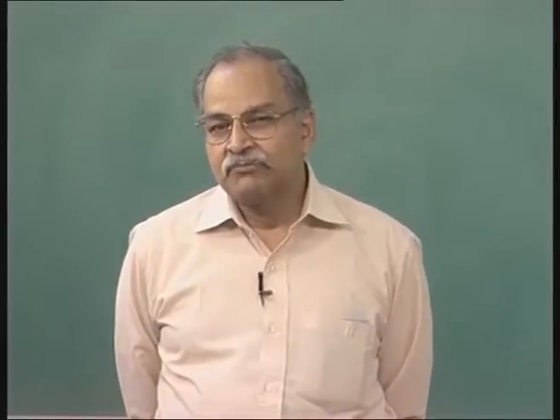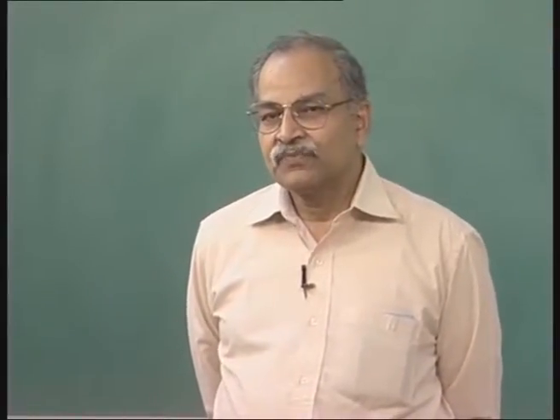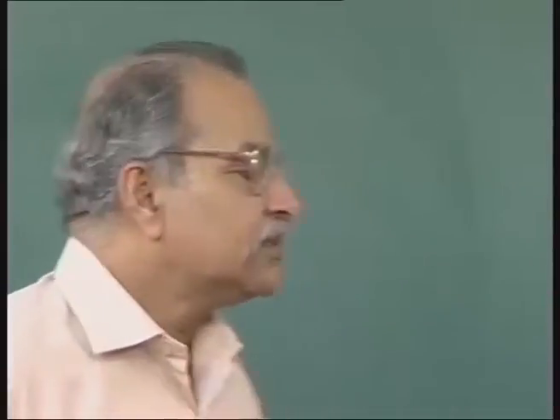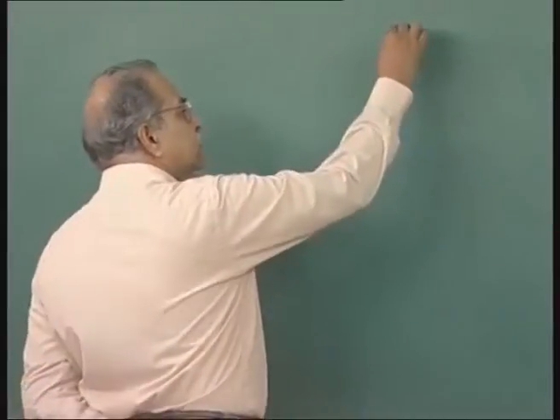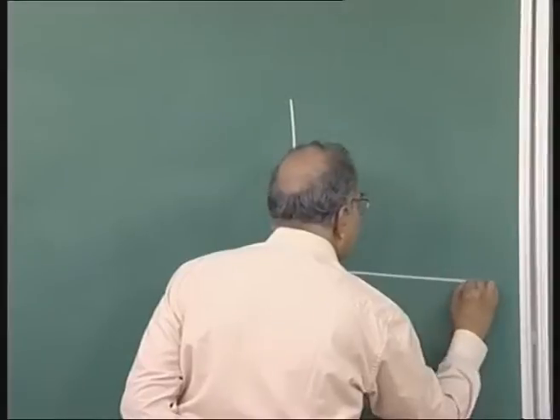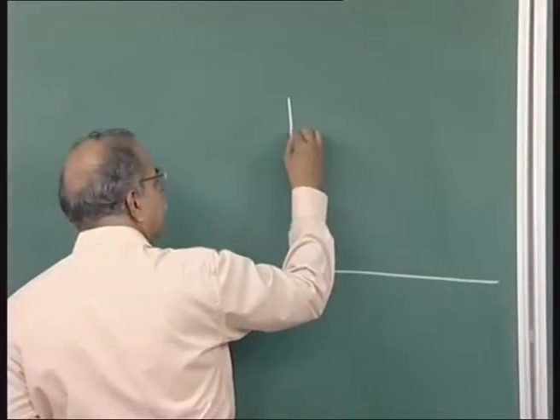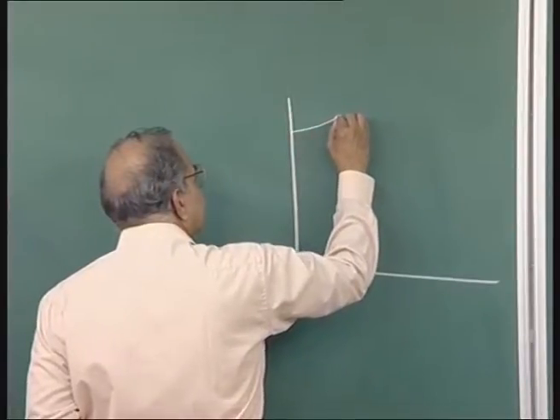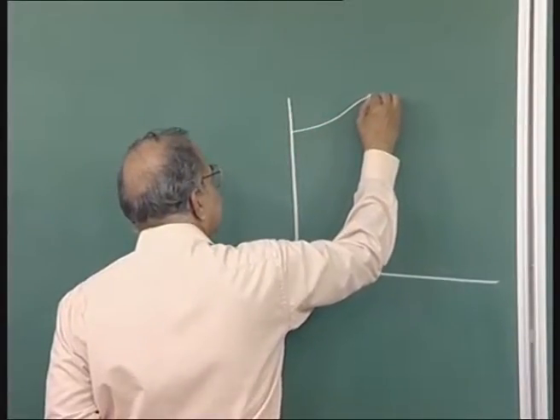All nuclei with mass number greater than 100 or so energetically favor splitting into roughly equal parts, but then this potential energy barrier stops many of them from fissioning. So, that barrier, or the potential energy curve, is something of this sort.